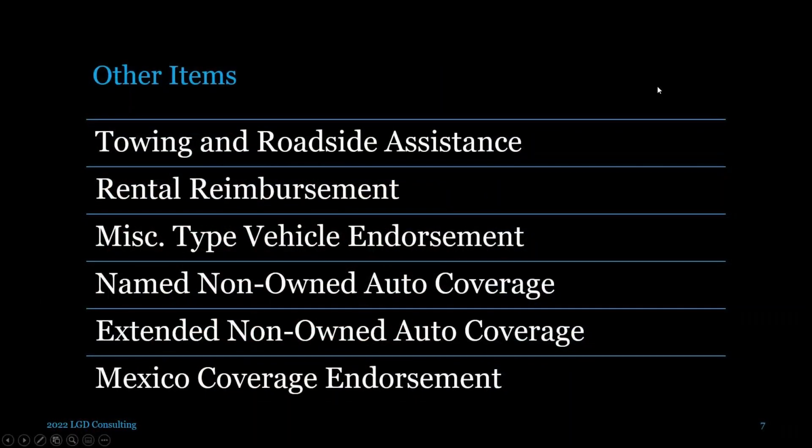Some additional items. Towing and roadside assistance. This covers labor conducted at the scene of a breakdown. What if it's standstill? Deer, you're talking about the deer, Dylan? If it's standstill, if it was alive, that's a good question. That's not on the test. If you hit a deer, it's just going to be other than collision. That's what you need to know.